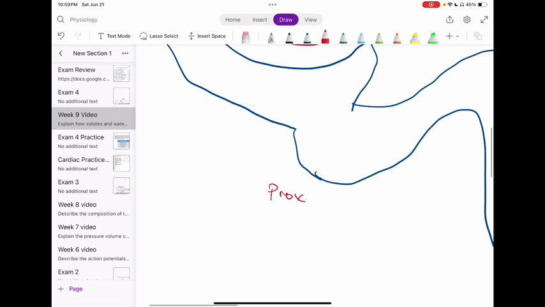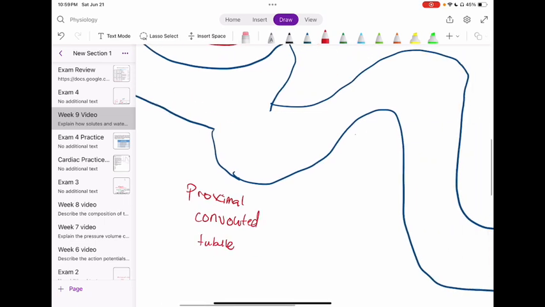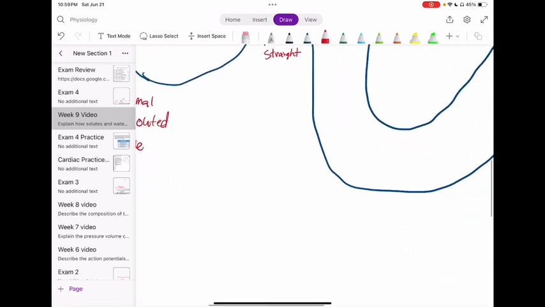So right here we have the proximal convoluted tubule. Right next to it we have the proximal straight tubule. Spelled that like George Strait. There we go, it's a little bit better.